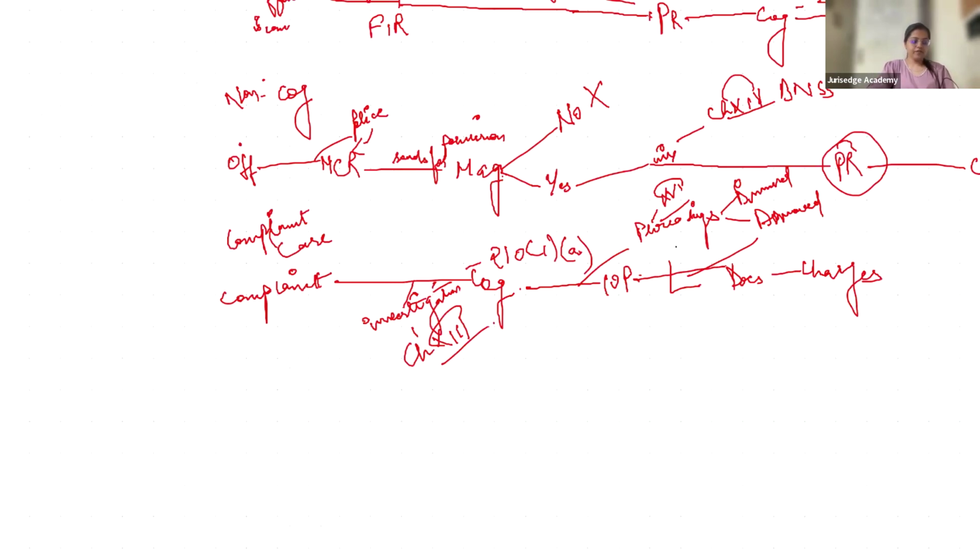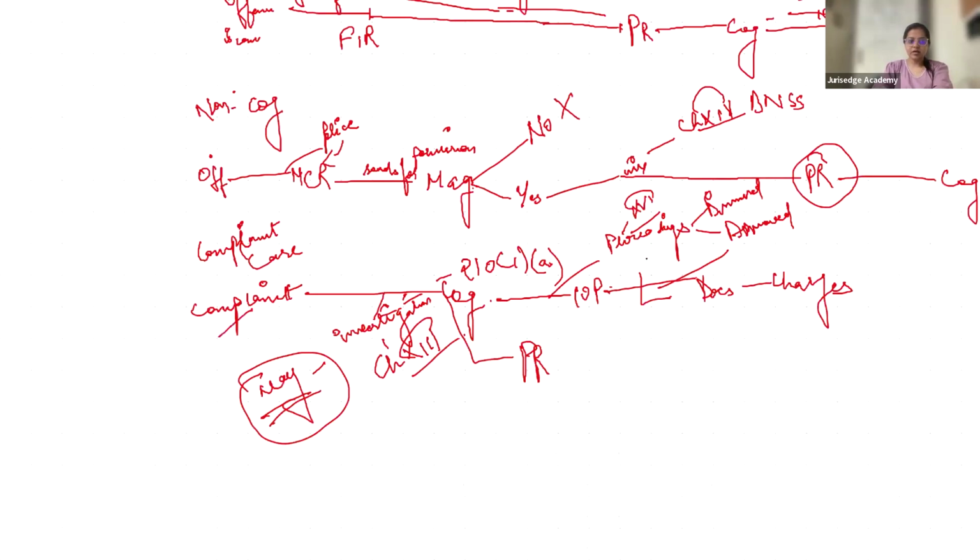And if the case is investigated, what did I tell? If the case is investigated, this is a may provision. We'll read the sections. This is a may provision. So it depends upon the magistrate to direct the investigation or not. This is not a compulsory investigation because a complaint case is directly going to a magistrate under 210(1)(a).